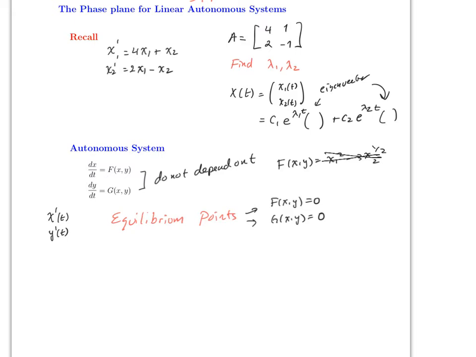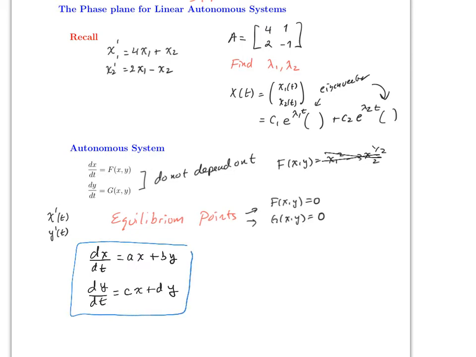So that means dx/dt is going to equal ax plus by, and dy/dt is going to be another constant, let's say cx plus dy. These are the functions we're going to be solving, which is technically what you did before. And this will create the matrix A, which is going to be [a, b; c, d].